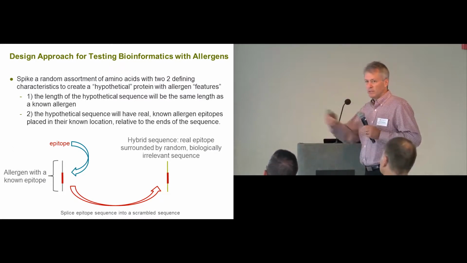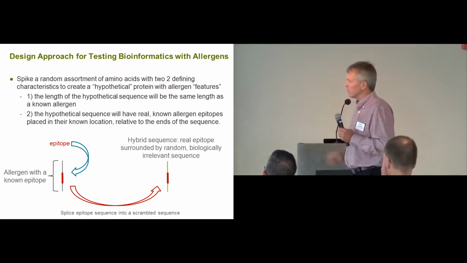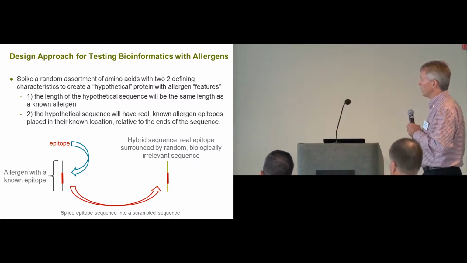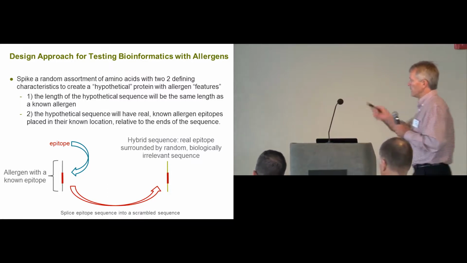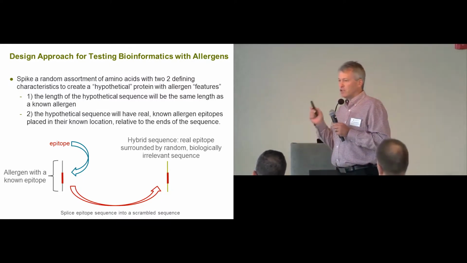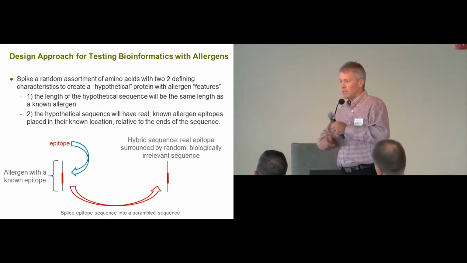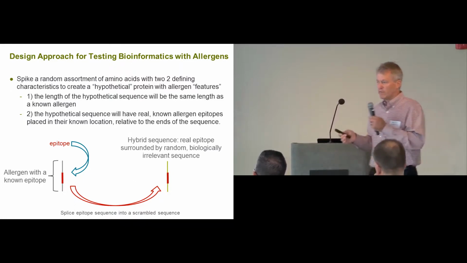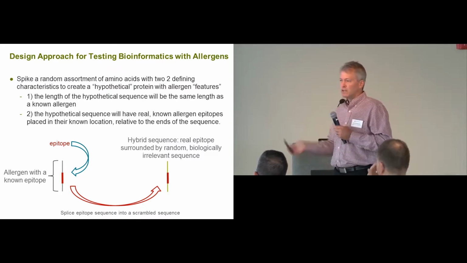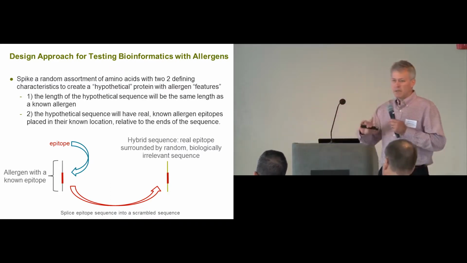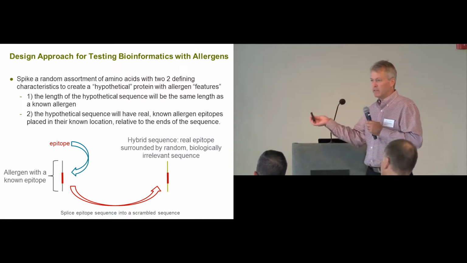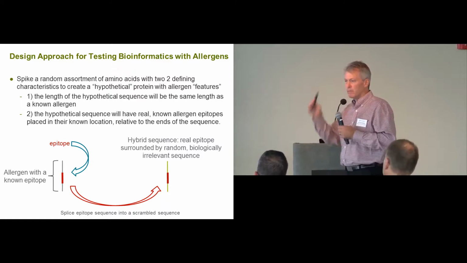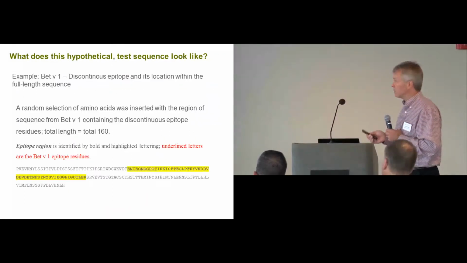So they're in the same place with the same spacing. It's just the surrounding sequence will be completely random. So I'll end up with a hybrid or a hypothetical sequence, and I can now ask, is just the IgE-binding epitope, apart from any of the rest of the sequence that would normally lend all that structural conformation to make that protein unique, can I actually get down to as low as an IgE-binding epitope and still find myself in a pool of sequences? Meaning myself, I'm an allergen, but my only flag is an IgE-binding epitope.